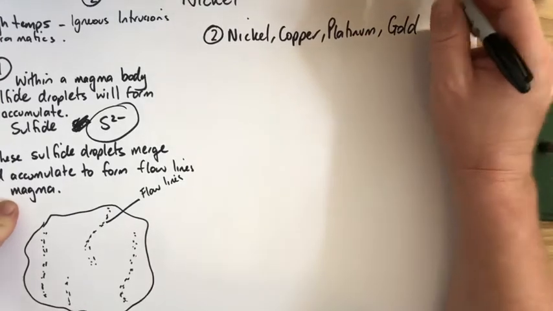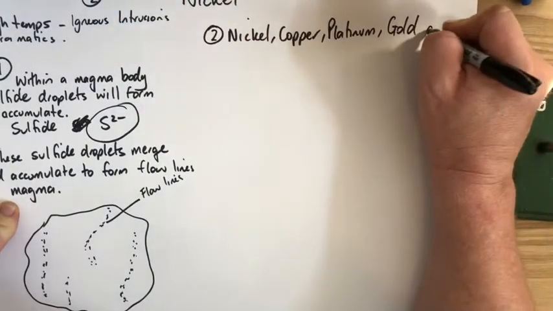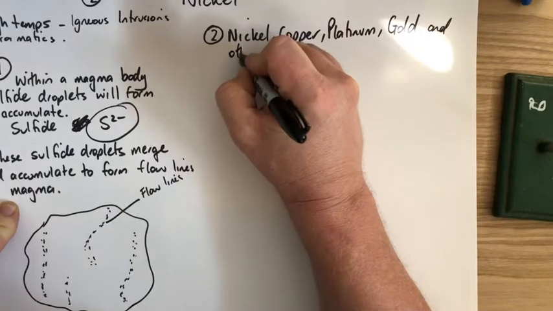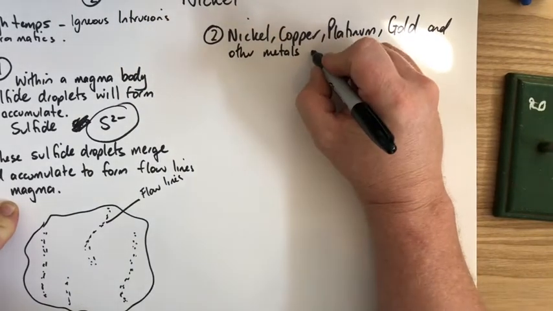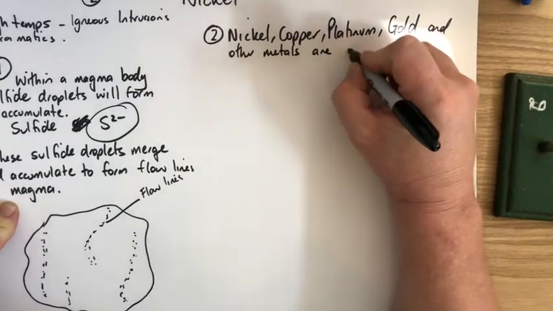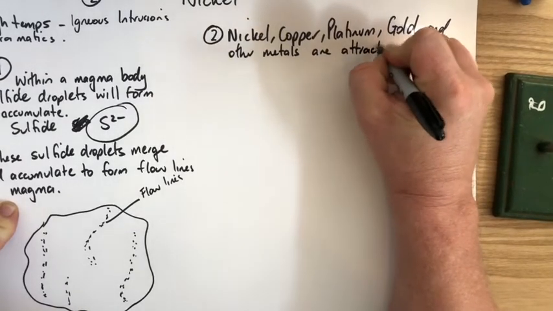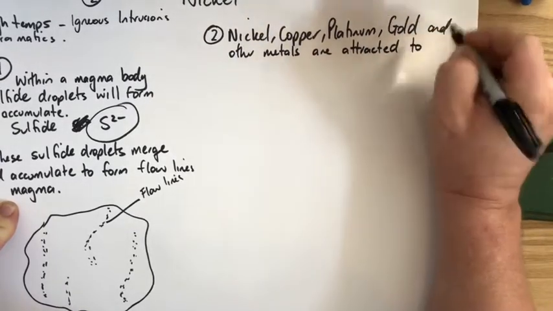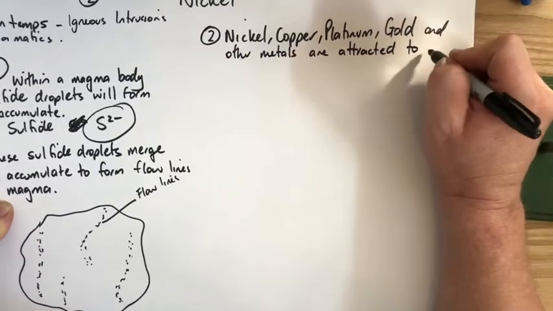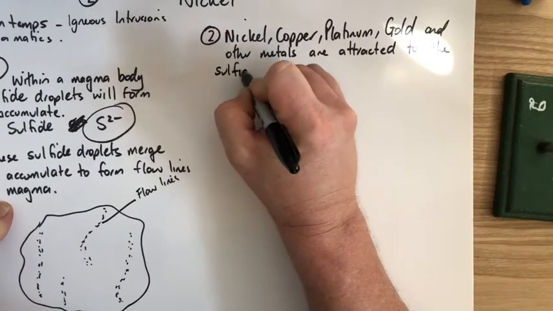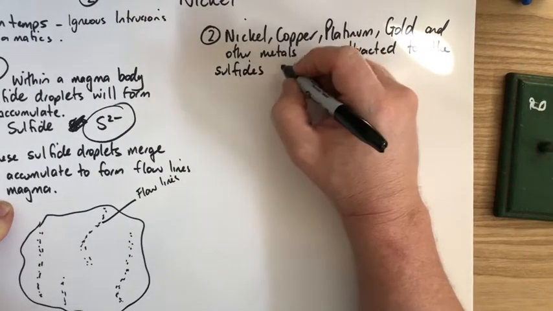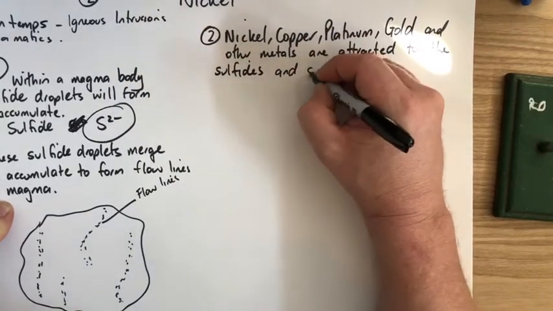Lead, let's put other metals, are attracted to the sulfur droplets. And they stick to them.